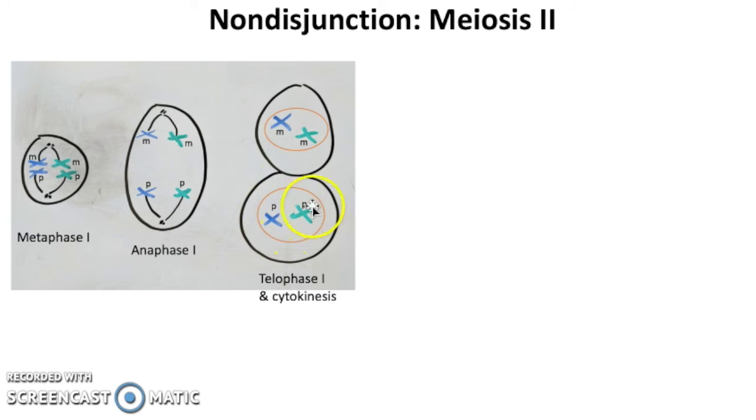And in this case we have both paternals over here and both maternals over there. If I had lined them up differently at the beginning, we could have had a maternal and a paternal and vice versa. I put here the nuclear membrane forms again and then will again dissolve as we go into meiosis 2.